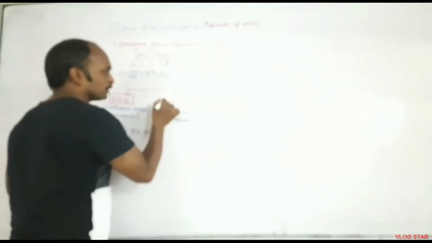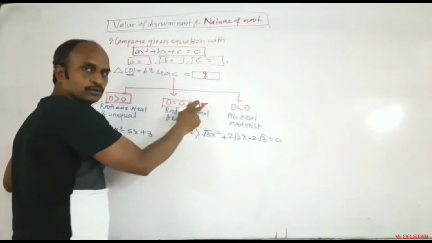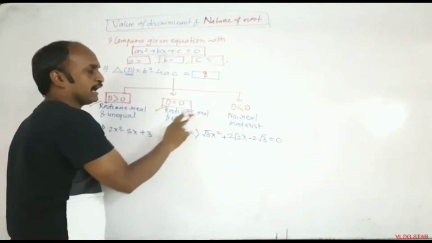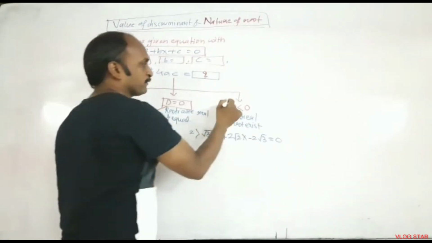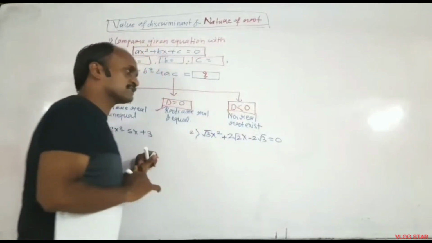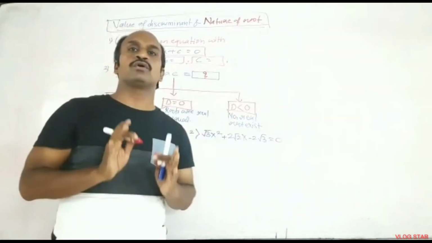If the discriminant is equal to 0, then roots are real and equal. If the discriminant is less than 0, then no real root exists.